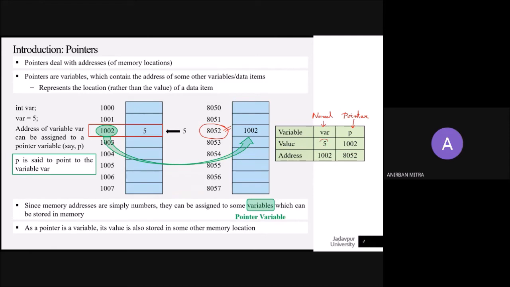It has a value of 5, and this value of 5 resides in this address. Now here we have a pointer variable that points to that normal variable var. What is inside this pointer variable? The address of var. And what is the address of the pointer variable itself? This is 8050. So a lot of different aspects are related to these two variables: one, a normal variable, the other one, a pointer variable.